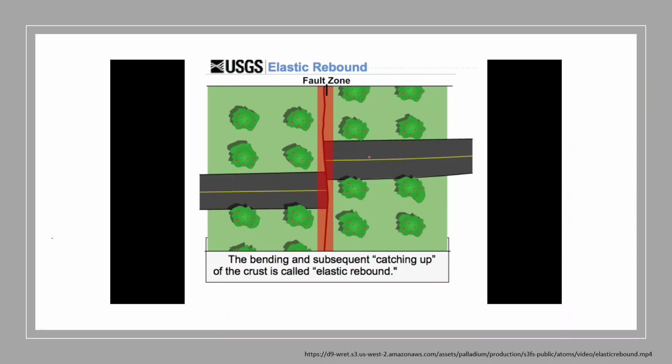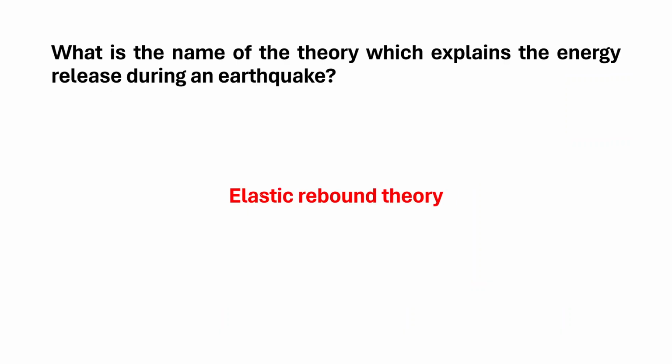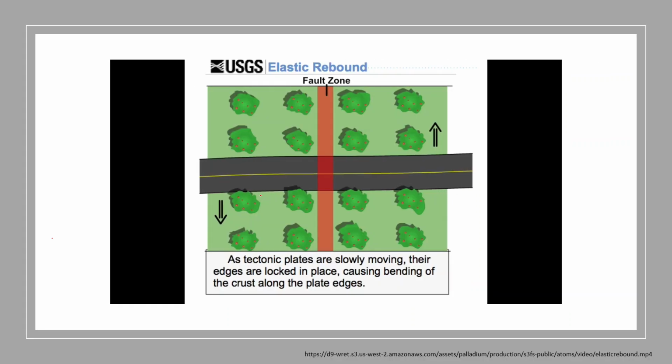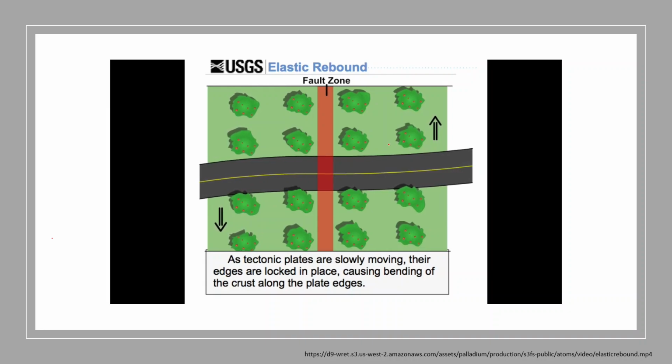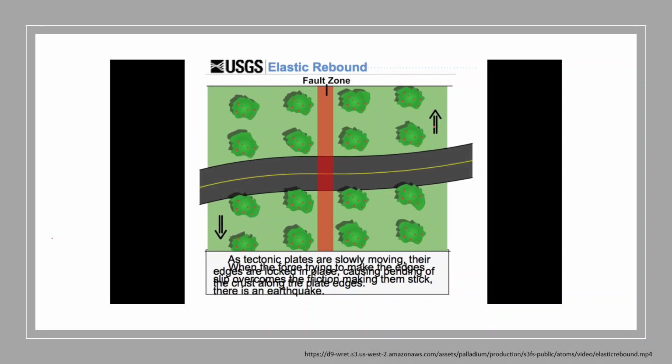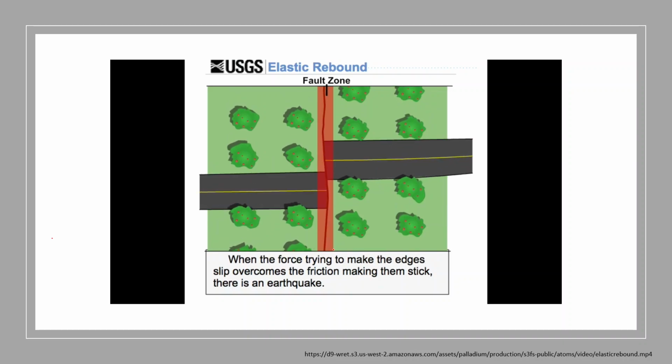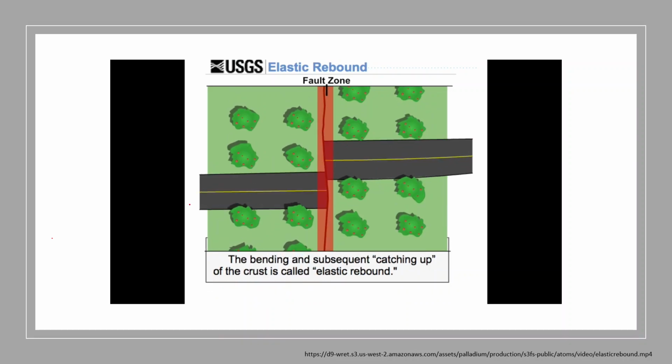I hope that is clear to you. For those of you who didn't understand, I can play it again. You can see the road is intact in the first case, it is slowly bent, and then when the energy is released, you can see how the road has gone to two sides, but its initial shape has been restored.